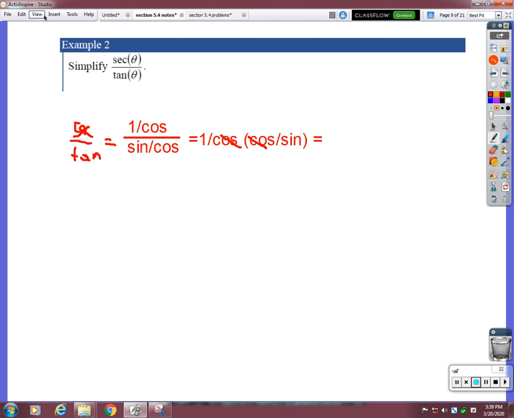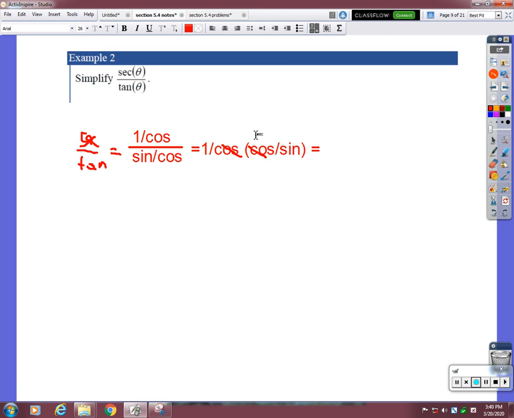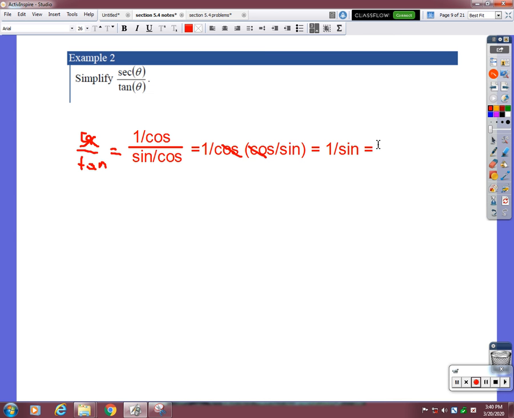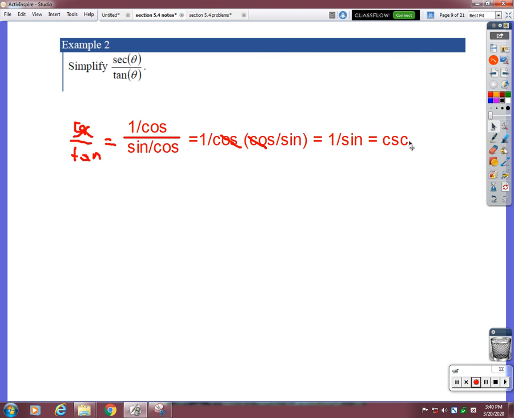And that leaves us with 1 divided by sine, which we could go back and look at these identities again. 1 divided by sine is the same as cosecant. And so in the end, what I have done is I have taken secant divided by tangent and rewritten it as cosecant.